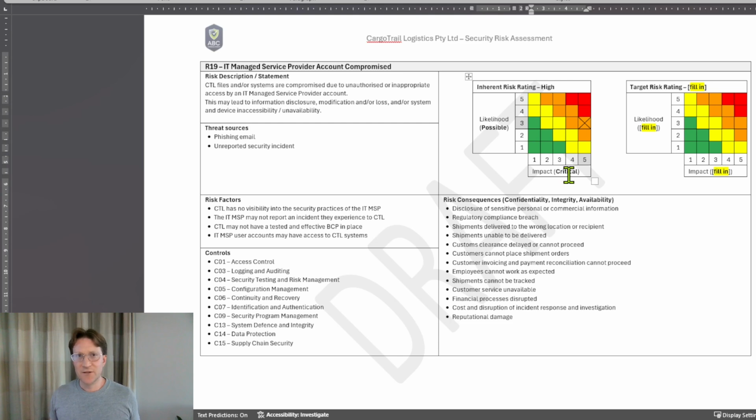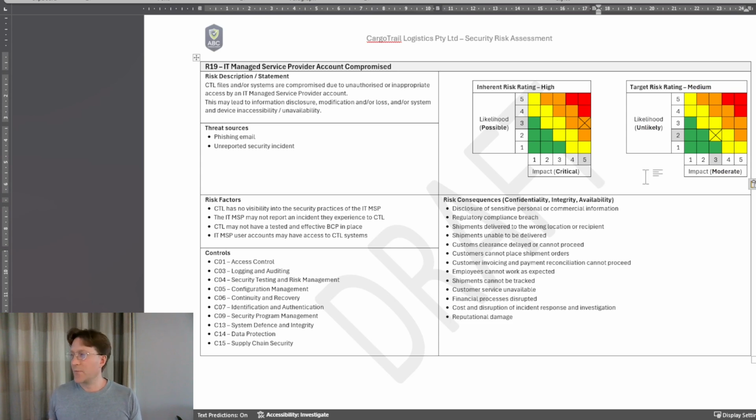And I'm saying the impact is critical because a compromised account could do a lot of damage to CTL. It could be used to compromise the device of an employee by turning off endpoint security and then phishing that employee, taking over their account and using that to disrupt the DLP, disclose information. There are lots of potential issues, and therefore we have a high risk rating.